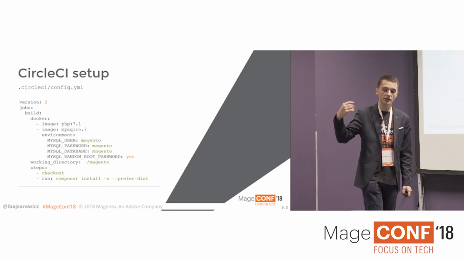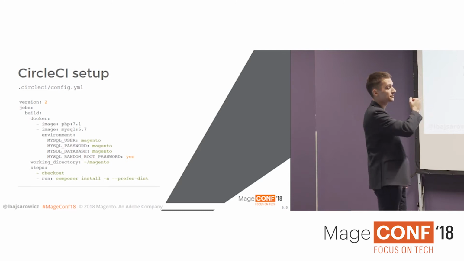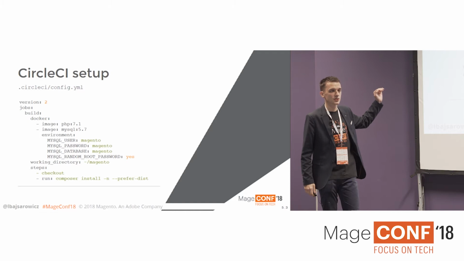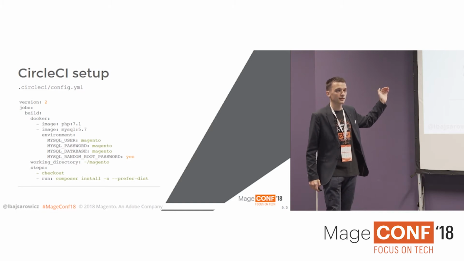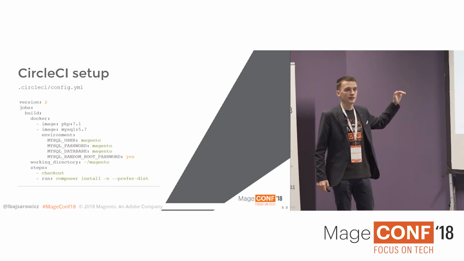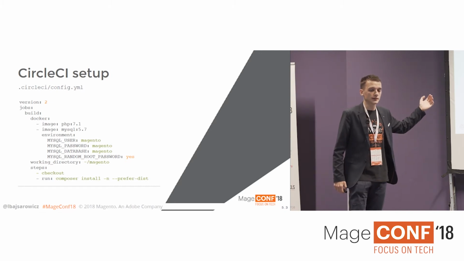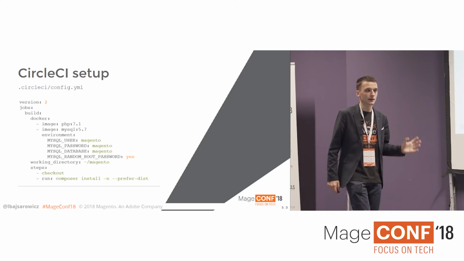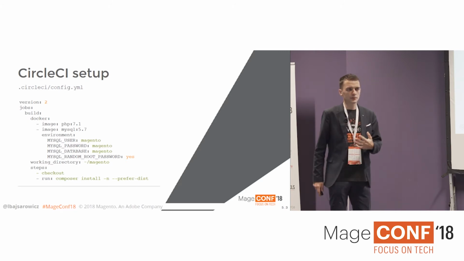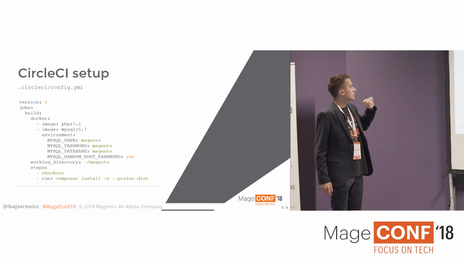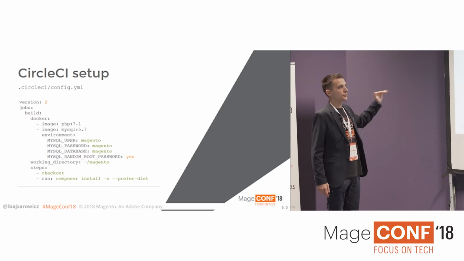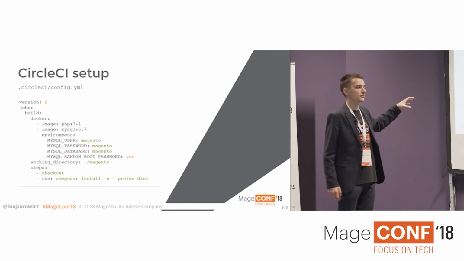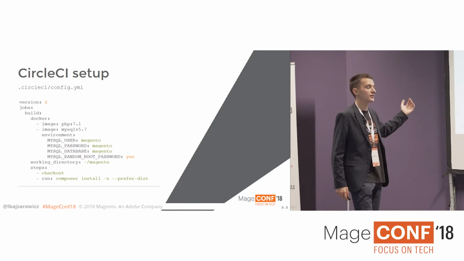So if I point PHP as the first image, I will be able to connect to that image through SSH, and I will be able to connect to it by HTTP. That's something that we will need later on. And then we can put multiple images that are built together on one virtual machine for our continuous integration pipeline.